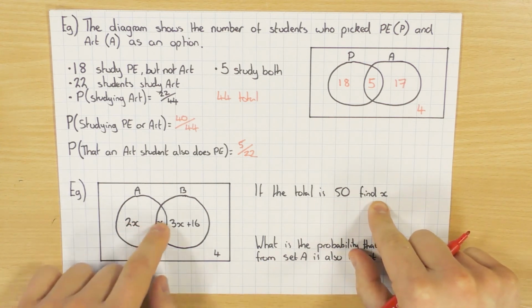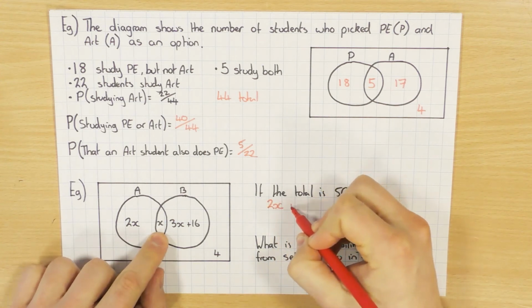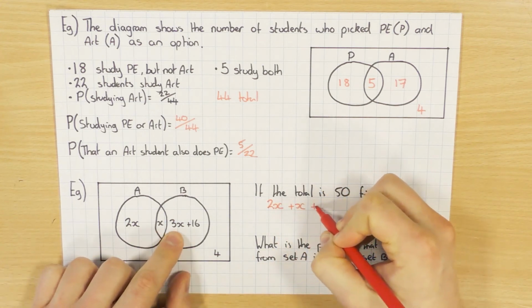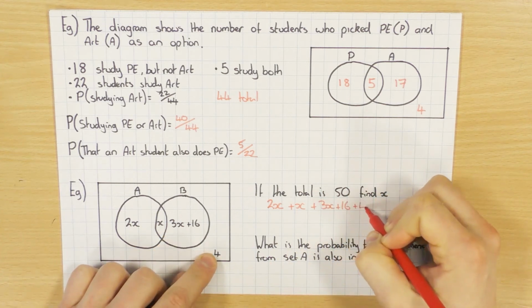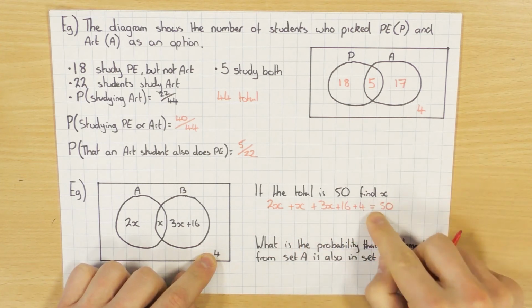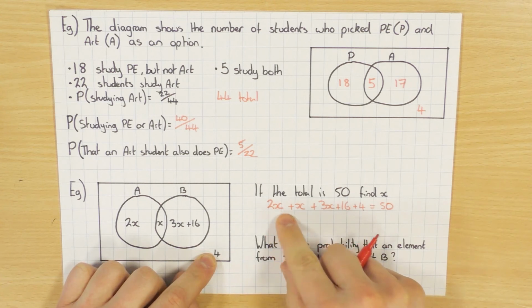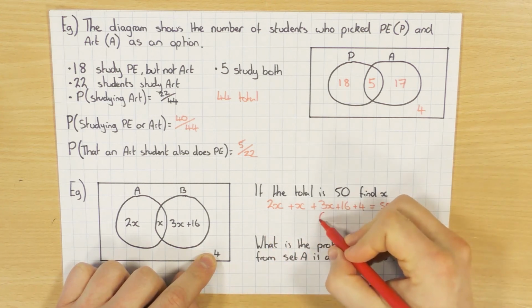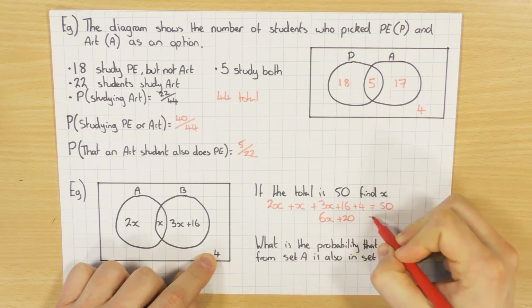Well, all I need to do is add all of these up. So 2x plus x plus 3x plus 16 plus 4. That's going to be the total of the Venn diagram, and obviously we know it's equal to 50, so I've made myself an equation. So a little bit of simplifying then, 2x plus x plus 3x, that's 6x. 16 plus 4 is 20.